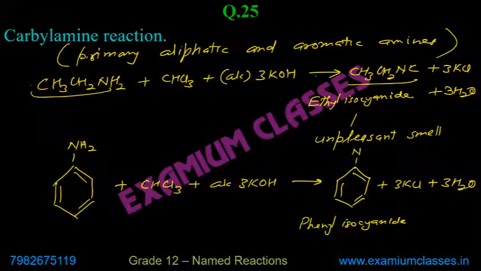If you want, you can show it like this: one coordinate bond, three bonds between nitrogen and carbon, one coordinate out of three.